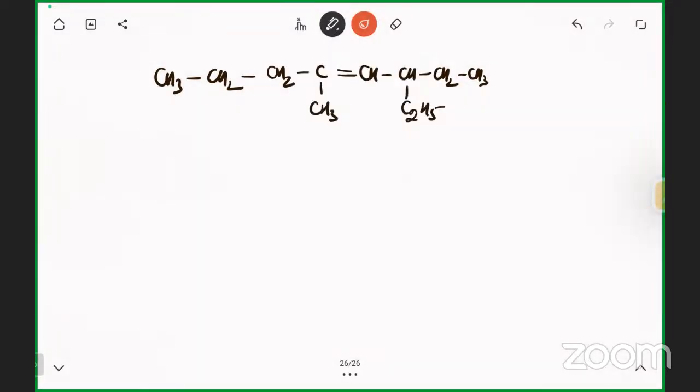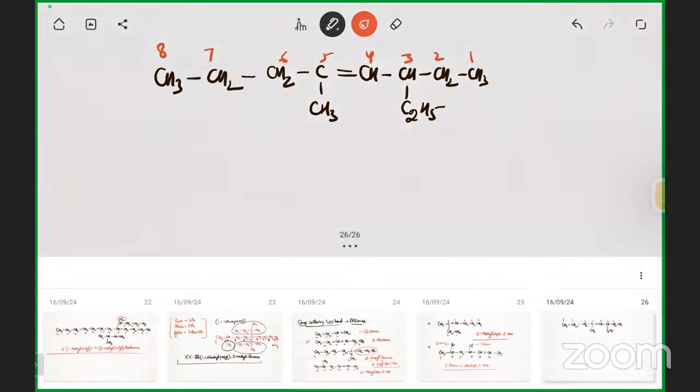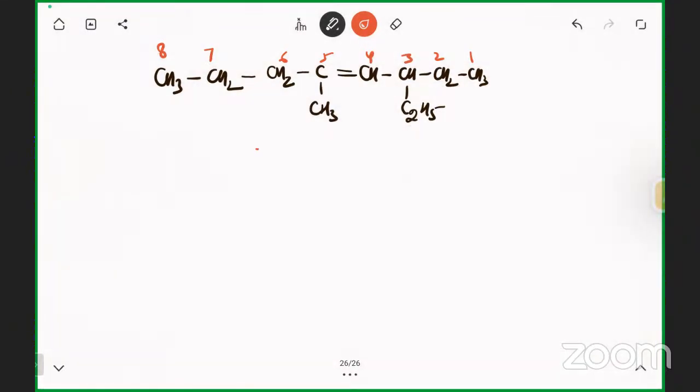So in this particular case, if I do the numbering from this particular side, it will be 1, 2, 3, 4. 1, 2, 3, 4. The double bond is on equal position, so I'll give the priority to the substituent. So 1, 2, 3, 4, 5, 6, 7, and 8. Now on the third position we have ethyl group. So 3 ethyl, dash 4.